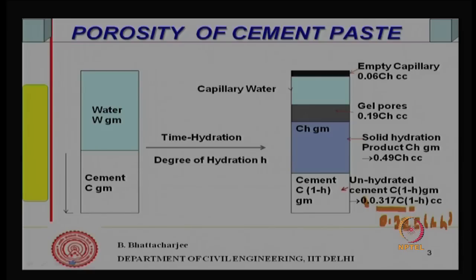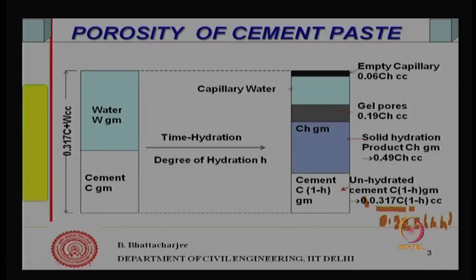Now, the total initial volume of cement plus water is 0.317 C plus W cc, or approximately 0.32 C plus W cc. This volume is conserved, because as it hydrates it will solidify quickly and the skeleton structure will comprise this total volume. So, the hydration product, including the void spaces, must occupy this volume.